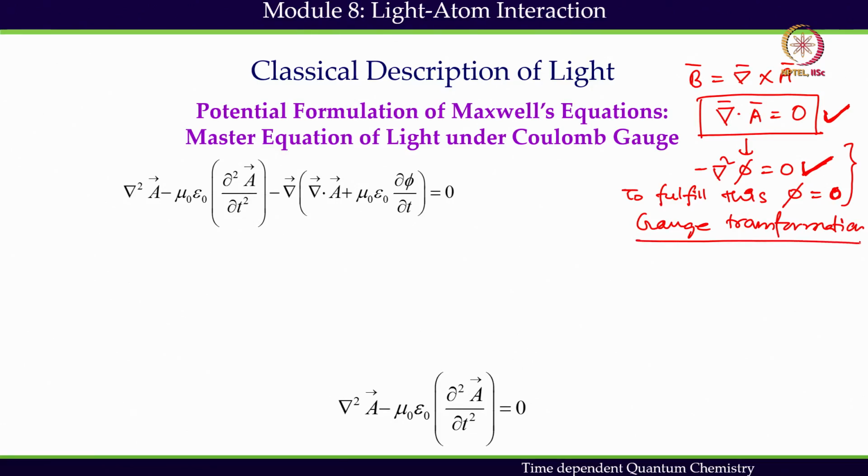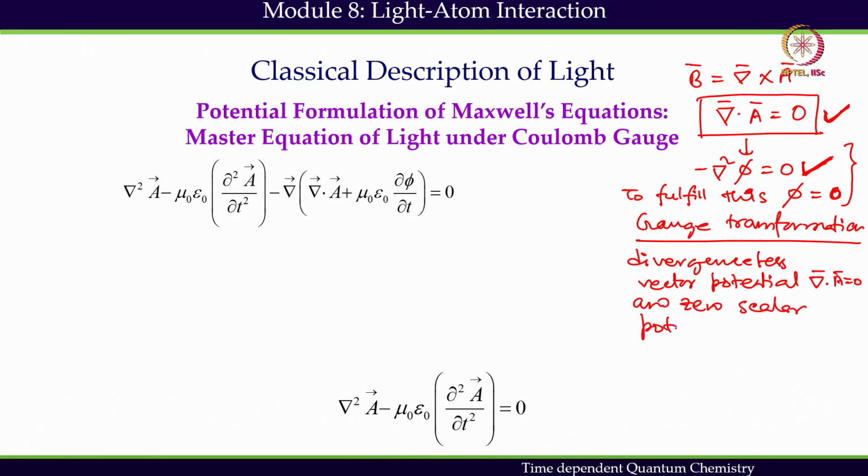This kind of mathematical derivation can in fact support the fact that the divergenceless vector potential, which is represented mathematically as this, and zero scalar potential uniquely define the Coulomb gauge.